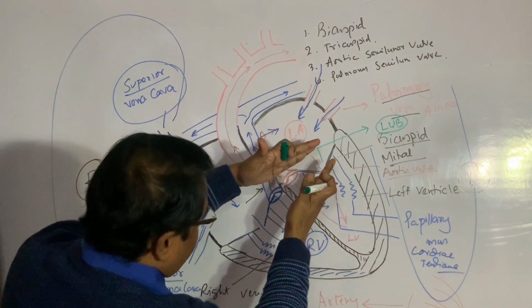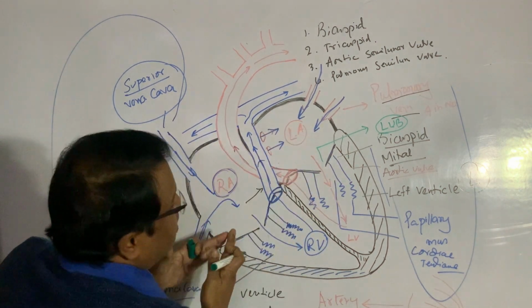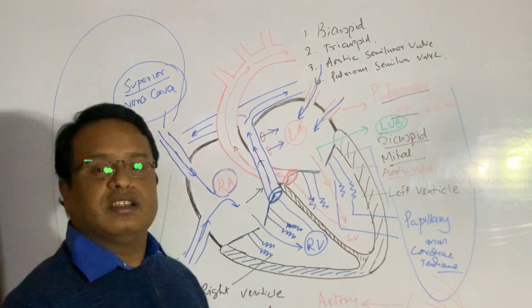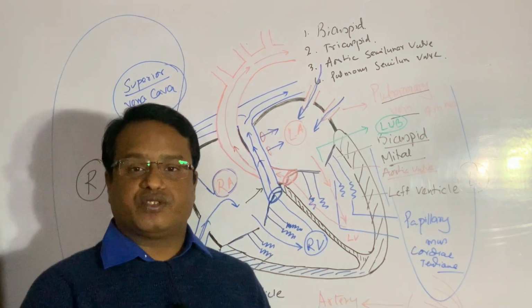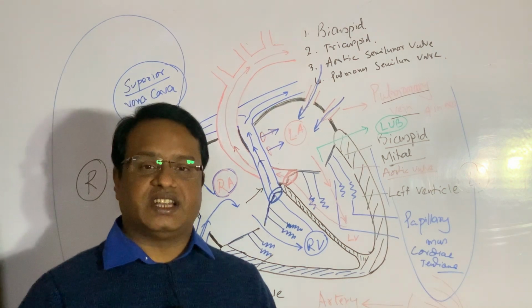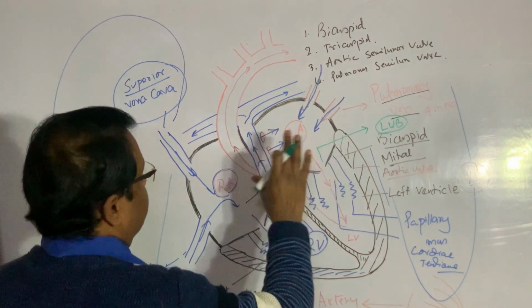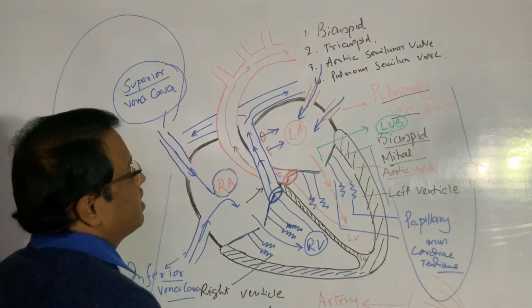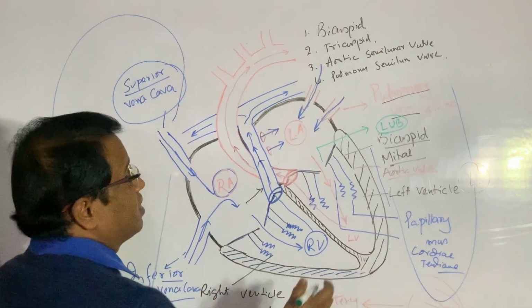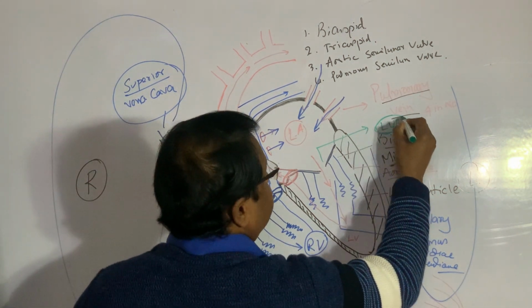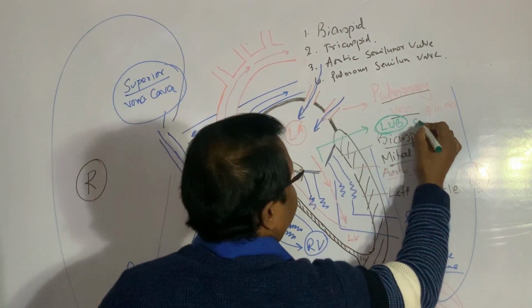If we put a stethoscope on the left side of the chest, at the mitral valve side or tricuspid valve side, we can hear a sound like lub. It is called the first heart sound or S1.